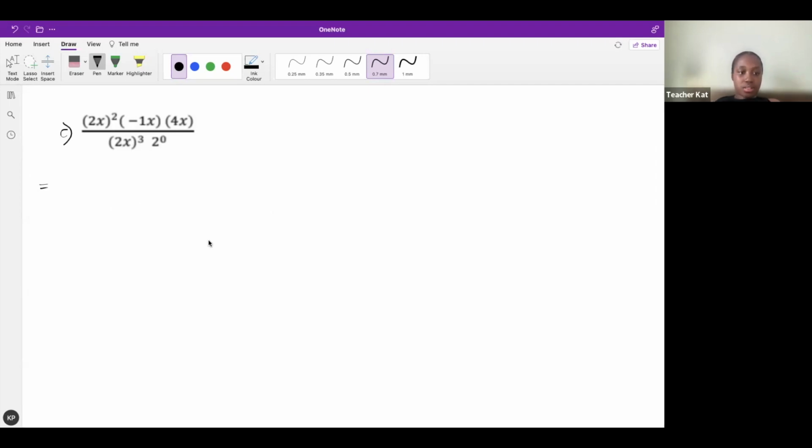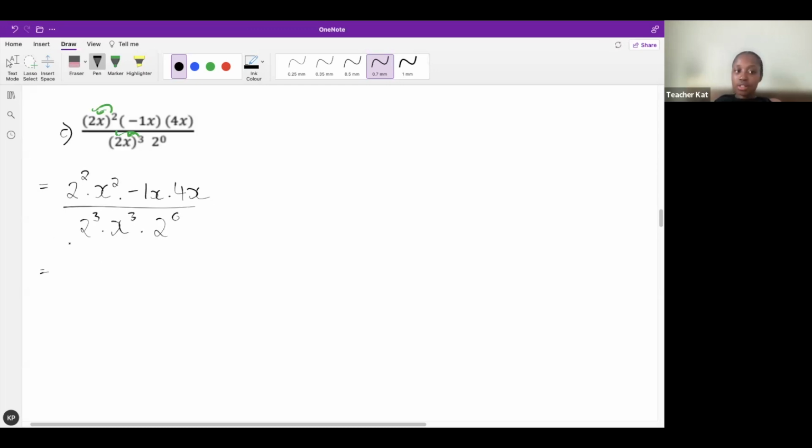Thanks, you guys collectively answered my question. So we have a squared here we're going to distribute, and we have a 3 there, cube there that we're going to distribute. So then I'm going to have 2 squared times x squared times negative 1x times 4x all over 2 cubed times x cubed times 2 to the power of 0.